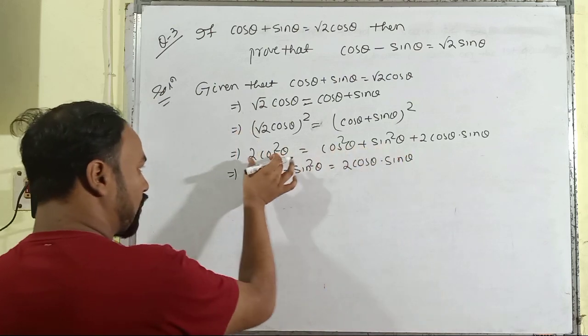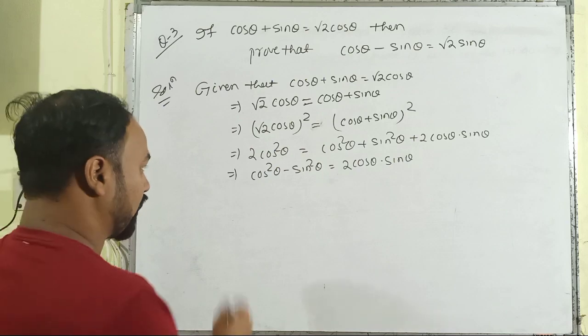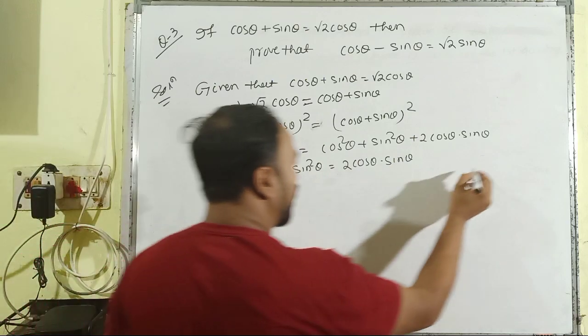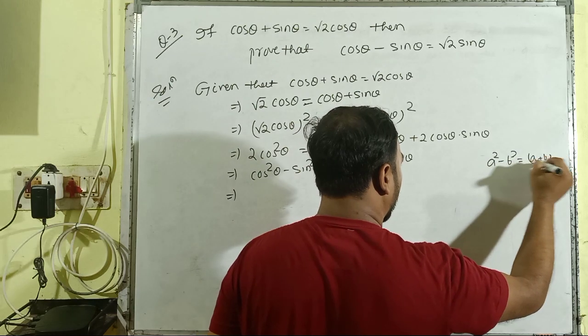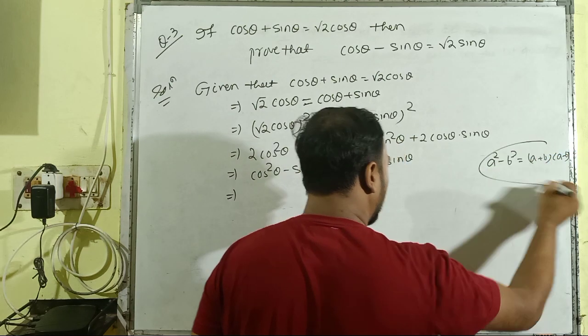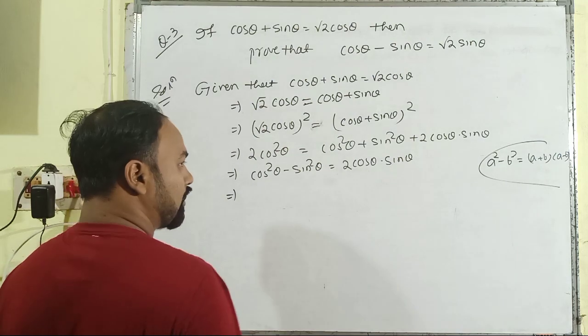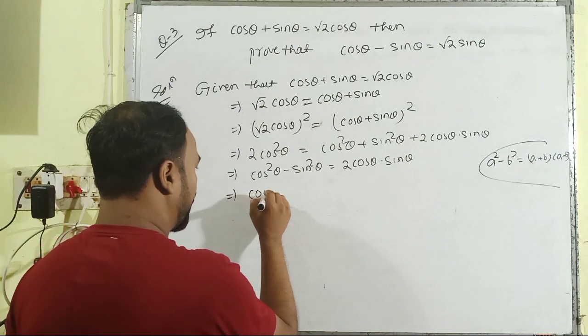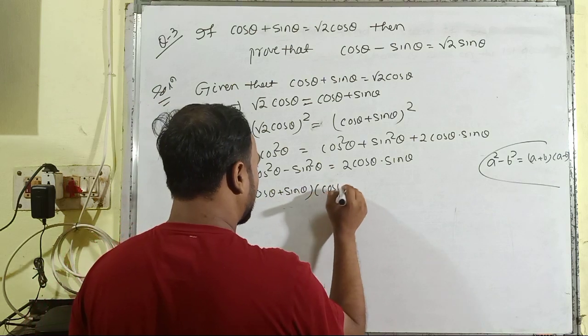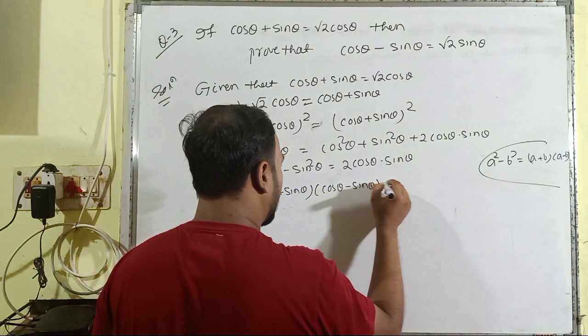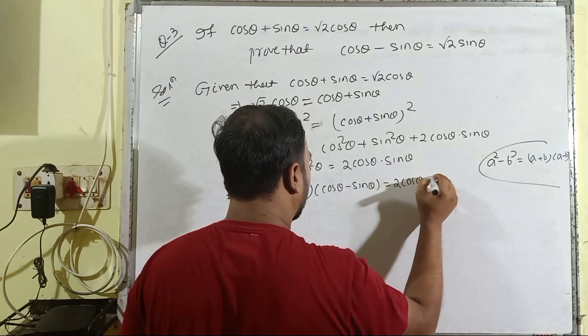Then it is in the algebraic identity form, a square minus b square is the multiplication of a plus b with a minus b. Applying that identity here, I have cos theta plus sin theta multiplied with cos theta minus sin theta is equal to 2 cos theta into sin theta.